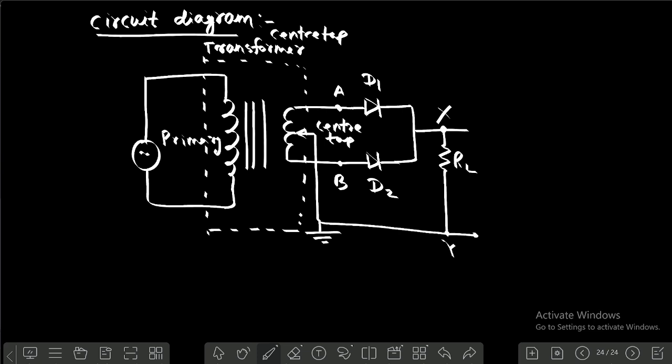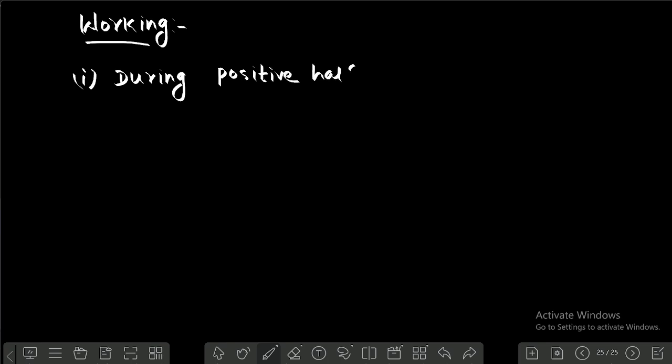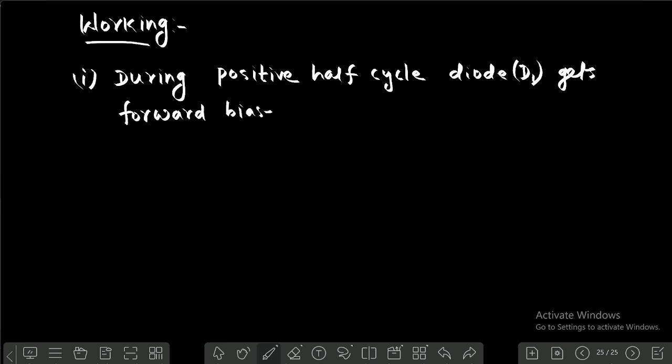Next write working. During the positive half cycle, diode D1 gets forward biased and D2 gets reverse biased.